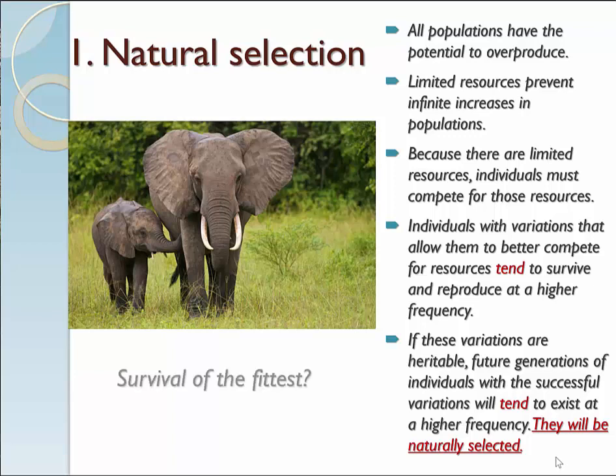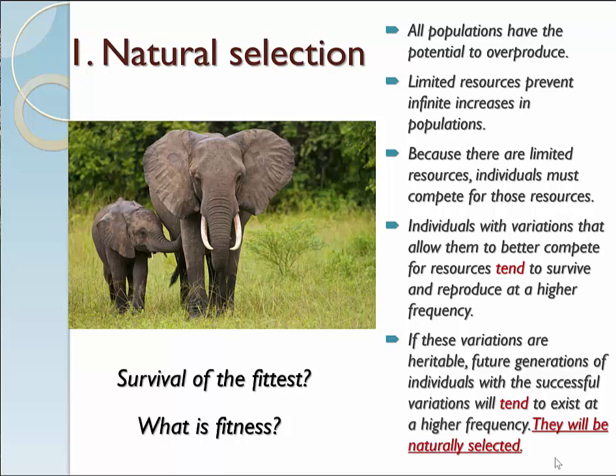And so you probably have heard this phrase, the survival of the fittest. It's not a phrase that came from Darwin, and it wasn't one that Darwin particularly liked. And it's very misleading, because you have to know what is fittest. Sometimes the fittest individual is the strongest individual, sometimes there are other types of fitness.